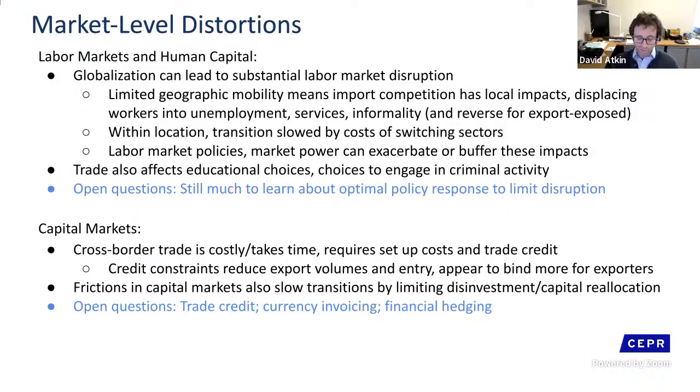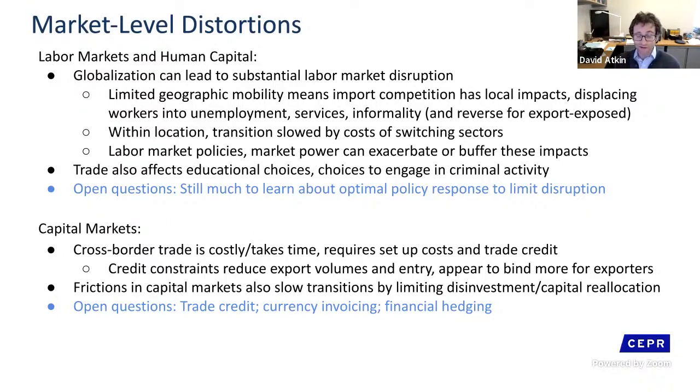So that's across locations where a lot of the evidence has been acquired, but also looking within locations, we've seen much slower transitions than our standard models, which typically assume instantaneous transition to a new equilibrium.